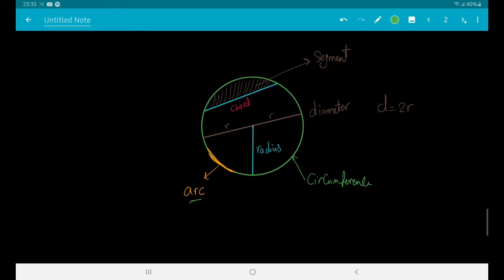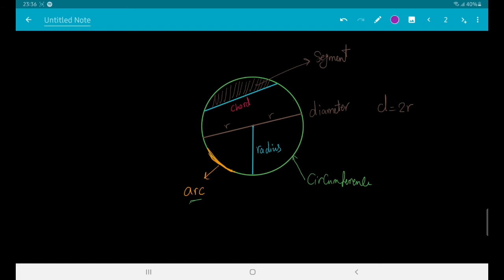The diameter is the longest chord, and it's the only chord that passes through the center. We have an infinite number of diameters, since we have a lot of chords passing through the center, as you see.